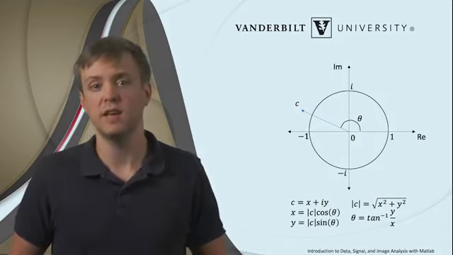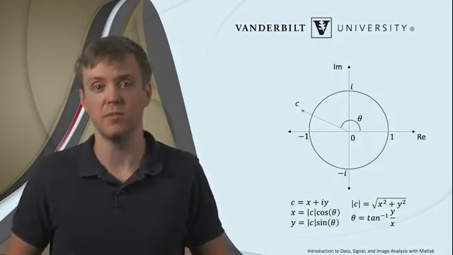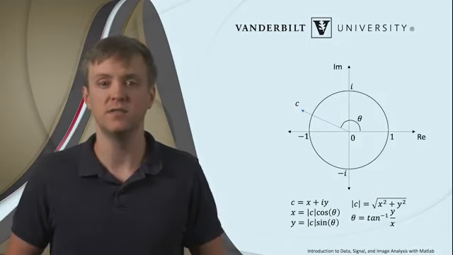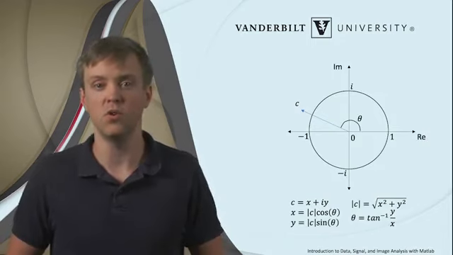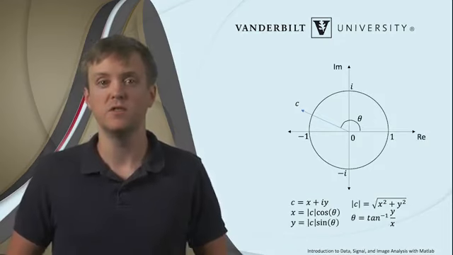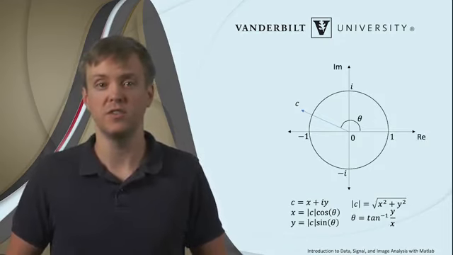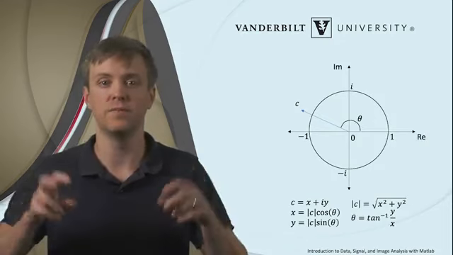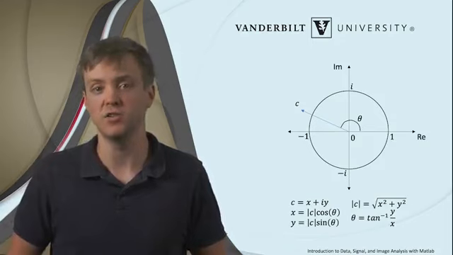In the special case where the magnitude of the complex number is equal to 1, the length of the vector is equal to 1, and c falls a distance of 1 from the origin. This space of solutions, where magnitude of c equals 1 but theta can take any value, are said to fall on the unit circle, which is shown as the black circle here.